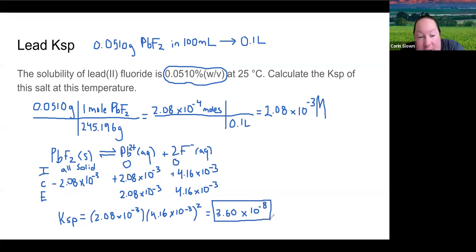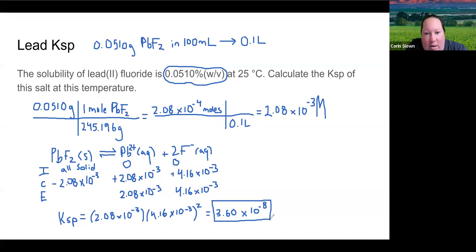All right, so a couple of key pieces here. Notice this is weight by volume. They could have given you weight by weight, and it would have been a similar type of calculation. Notice, as we look at the solubility, it's still really low. So lead is 0.00208.